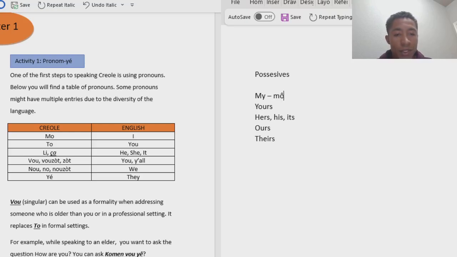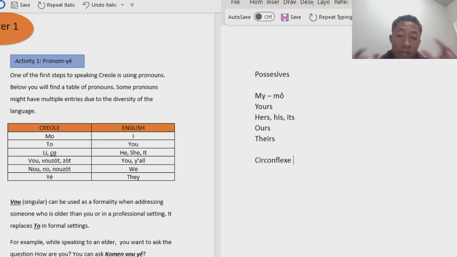mo. But you see this little hat? This is what we call a circumflex. That little hat that you see. You can place that on letters such as an O, an E, an I. Usually the circumflex is used to recognize that there is a letter that is missing, that used to be there but is no longer there.